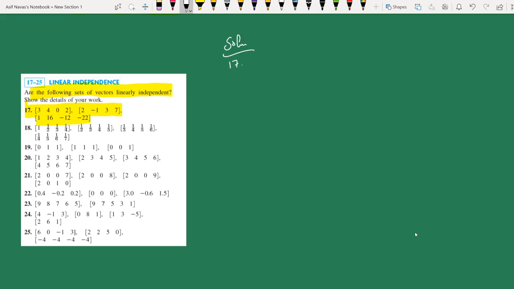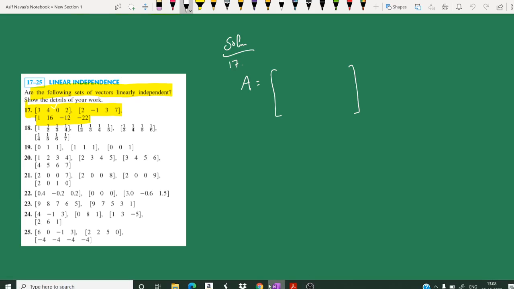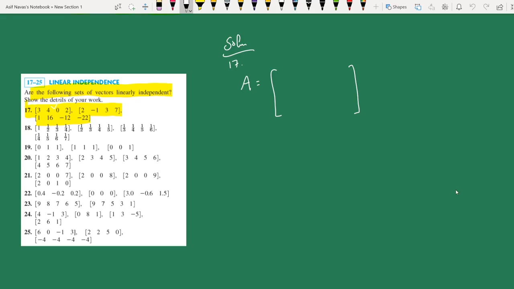What is the first step? I will write A equal to the vectors as row vectors, right? First row: 3, 4, 0, 2.